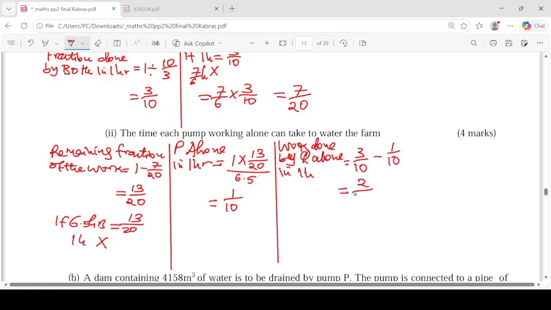This will become 2/10, which is equivalent to 1 over 5. So Q alone will do 1 over 5 of the work.